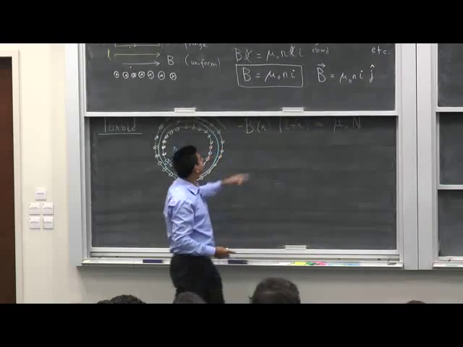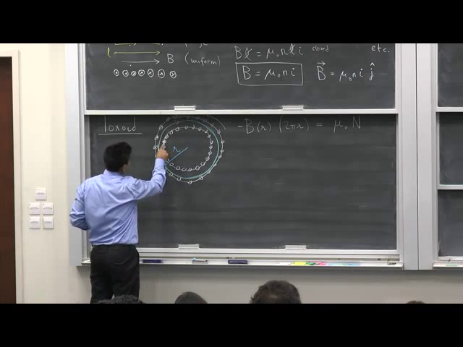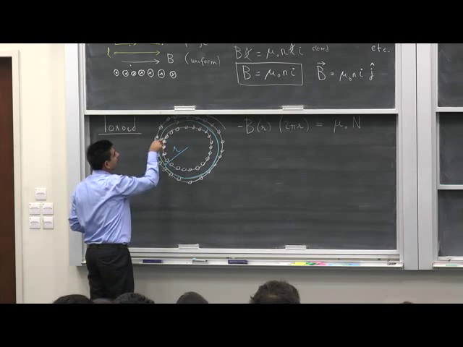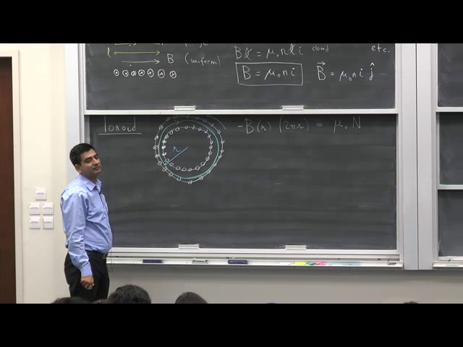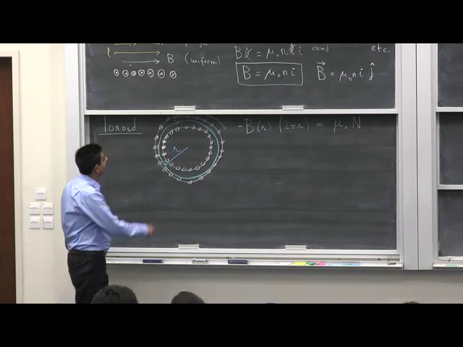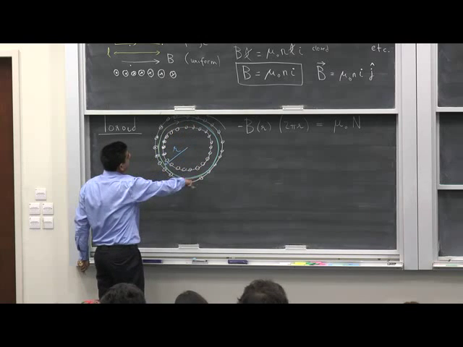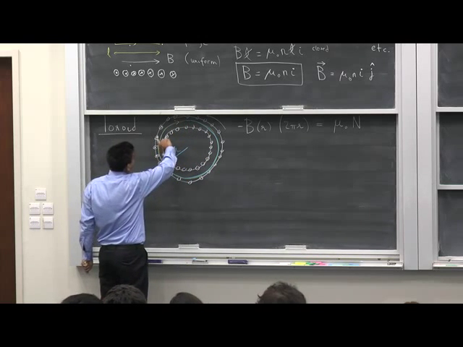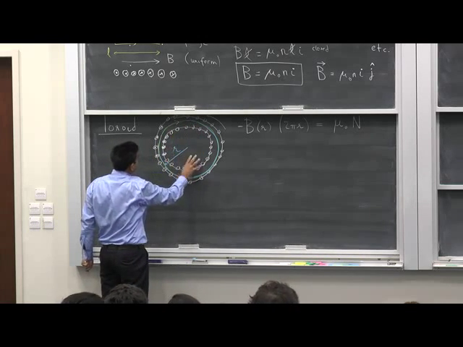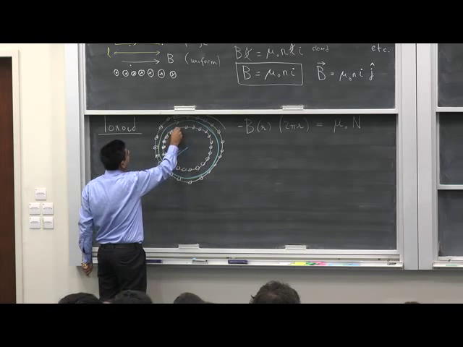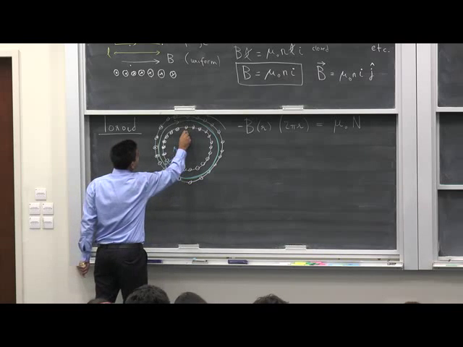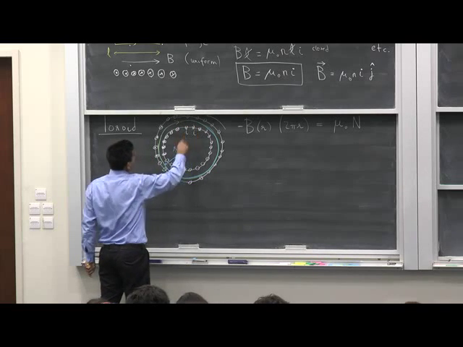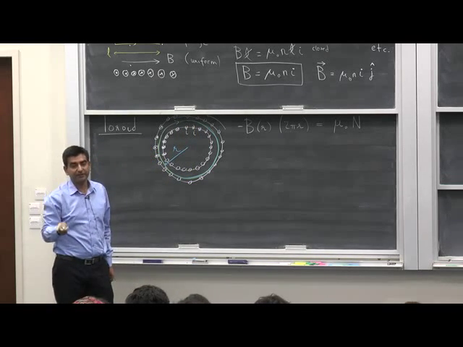Now what is the current that is piercing? Look at this current. This current is going into the plane of the board. So if I draw this Amperian path and I take this area, I would like to look at the current that is piercing this area. Each one of these coils carries a current I because the coils are all wound in series.